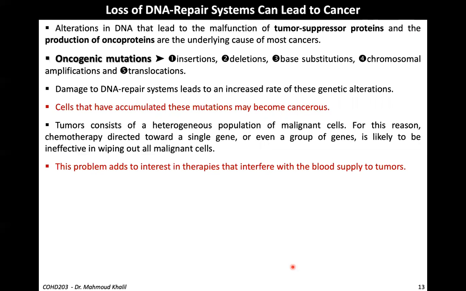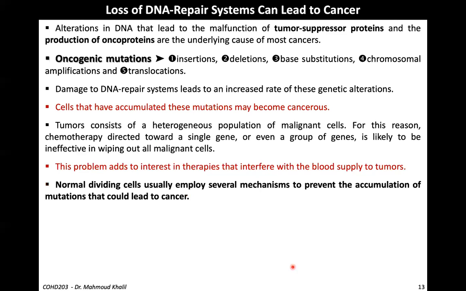In other words, it has been easier to target the blood supply to the tumor than to target the gene, because you have a heterogeneous population of malignant cells which have a different set of mutations in every single cell. But all these tumors have a blood supply. So if you aim to target the blood supply, it might be easier to target the tumor.